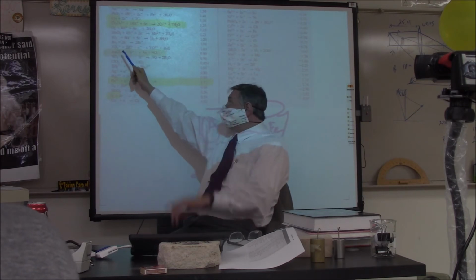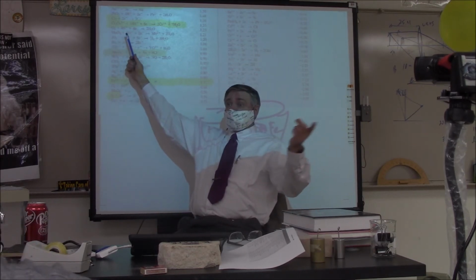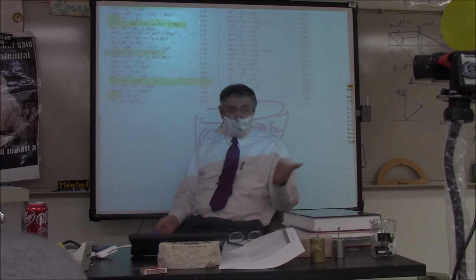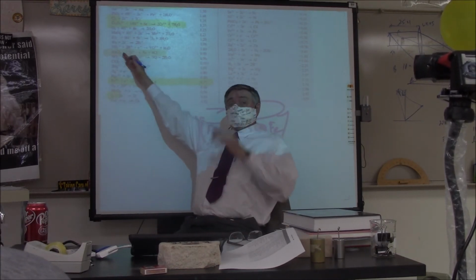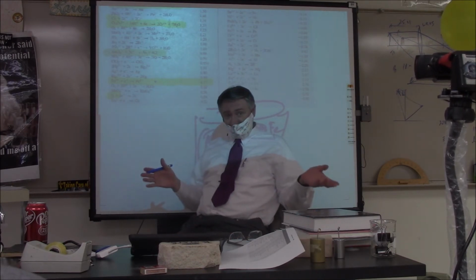She couldn't dump in, number one, she wouldn't want to use elemental bromine, because if she used elemental bromine, then you would have two reduction reactions taking place, so you never have a reaction, okay?